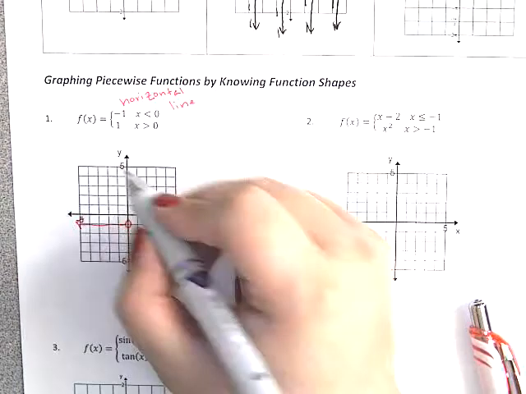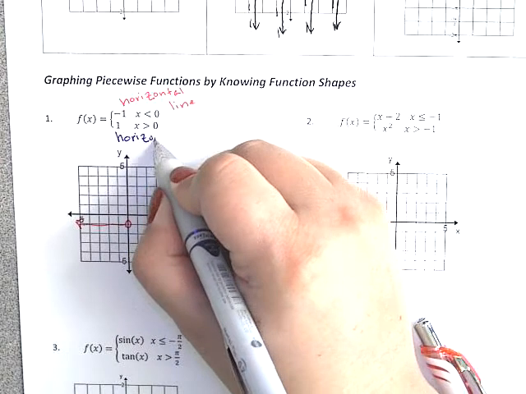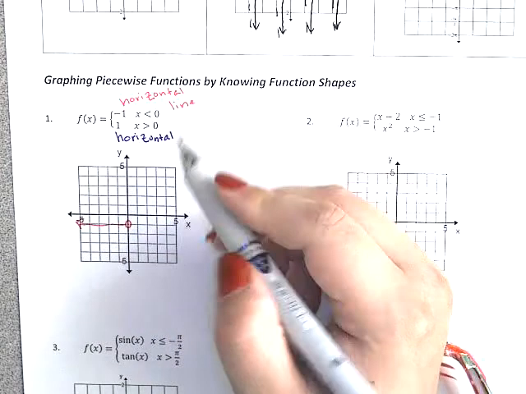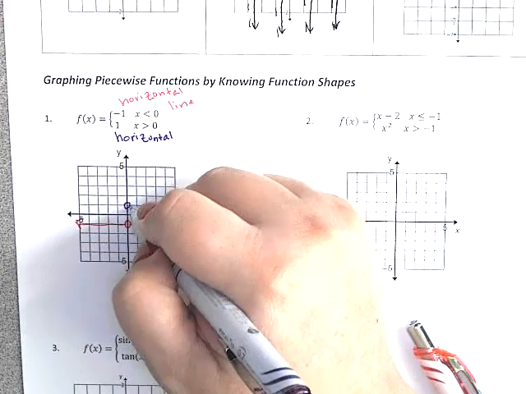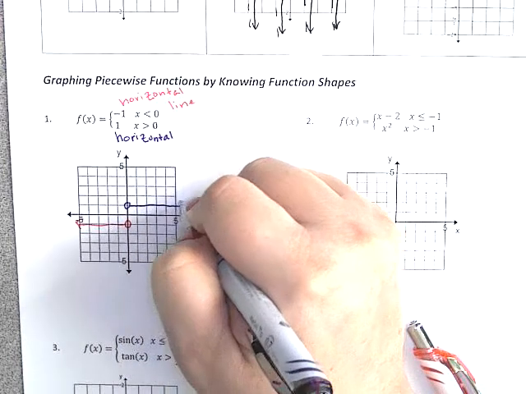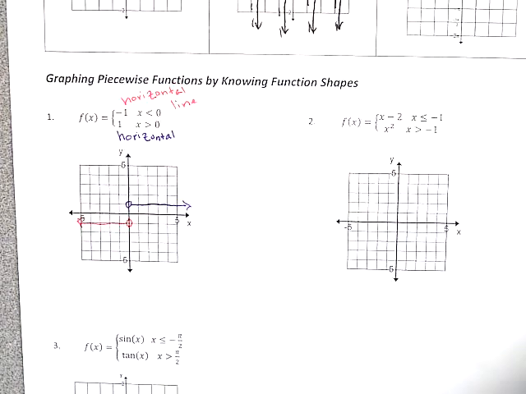And then this is also going to be a horizontal line, and I have an open circle at 0, 1, and we are going to go greater than. So that one's pretty easy. We just know that those are horizontal lines and we can draw them in there.